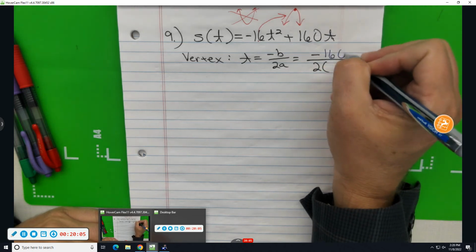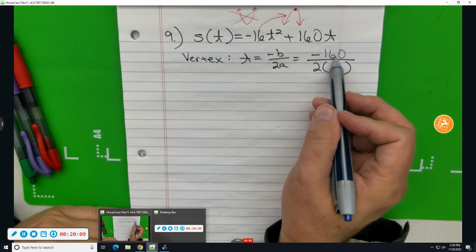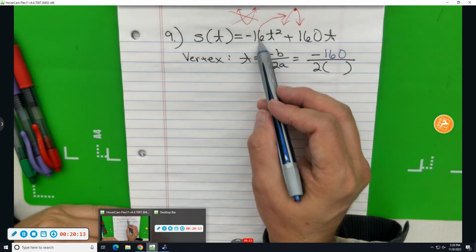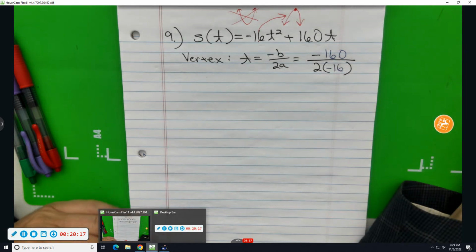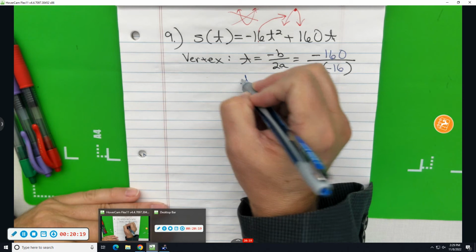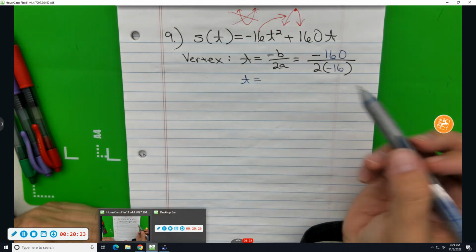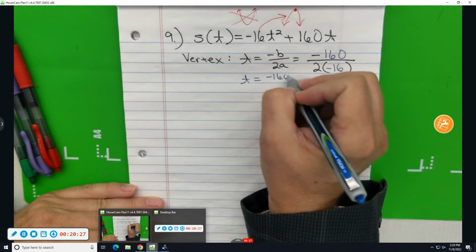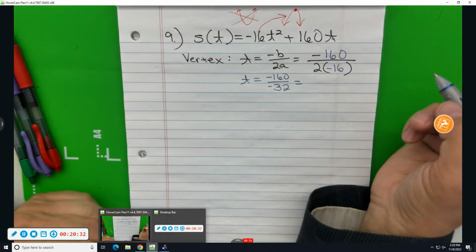So we have a negative from the formula and a 160. The a value, the coefficient of the squared variable, is negative 16. So the maximum value is going to occur when t is equal to negative 160 divided by negative 32. Is that 5?